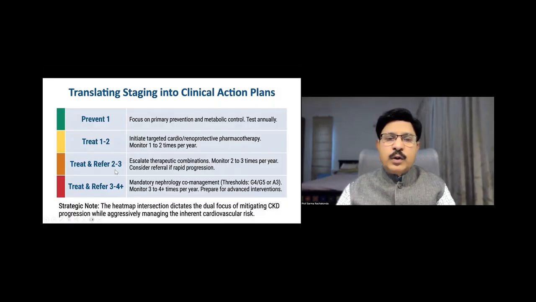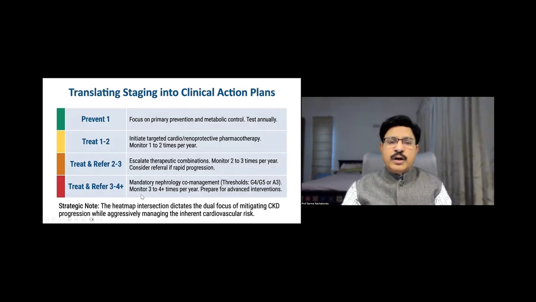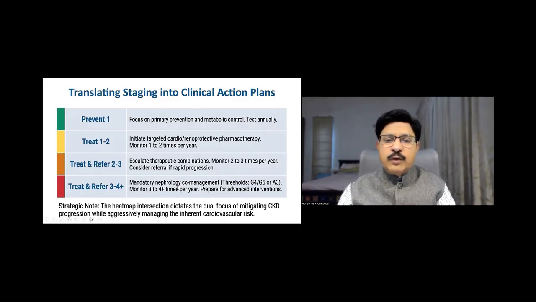Treat and refer 2 and 3: escalate therapeutic combination, monitor 2 to 3 times per year, consider referral for rapid progression. 3 and 4 plus: mandatory nephrology co-management, and definitely you should be prepared for advanced interventions like renal replacement therapy. This is called the heat map. This heat map intersection dictates the dual focus of mitigating CKD progression while aggressively managing the inherent cardiovascular risk.